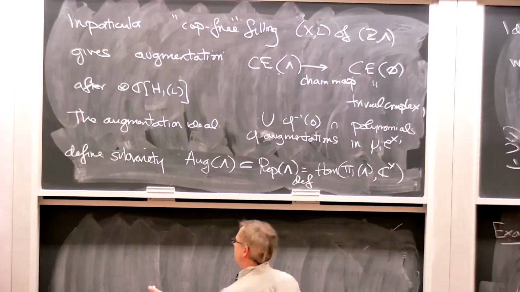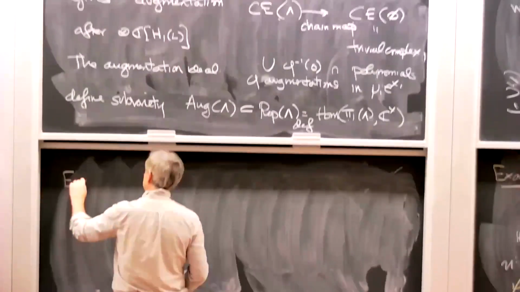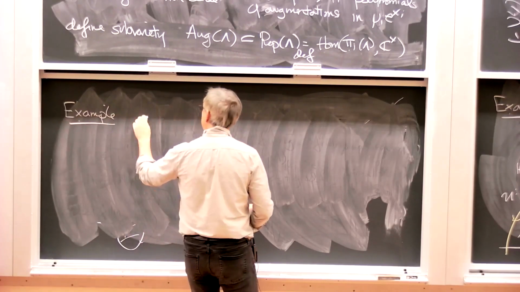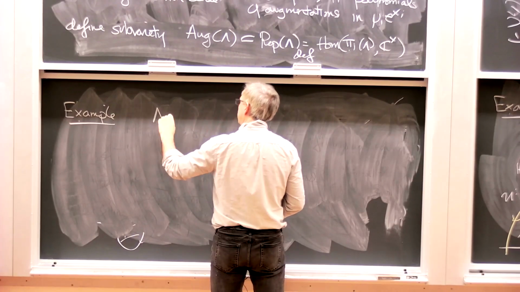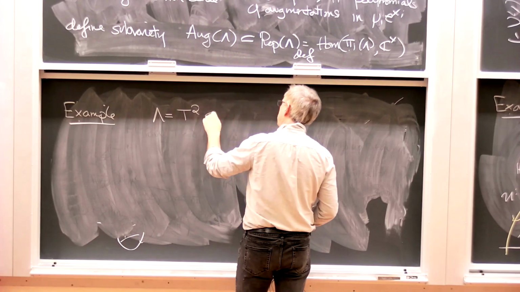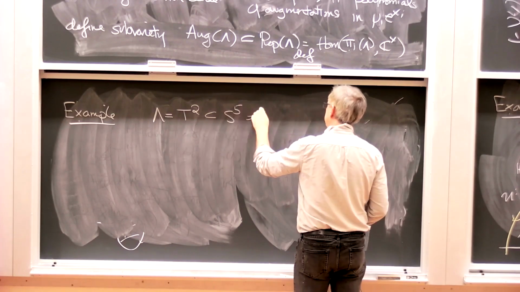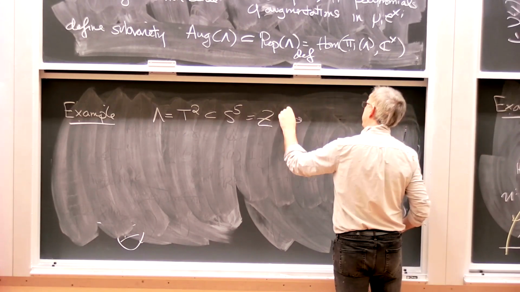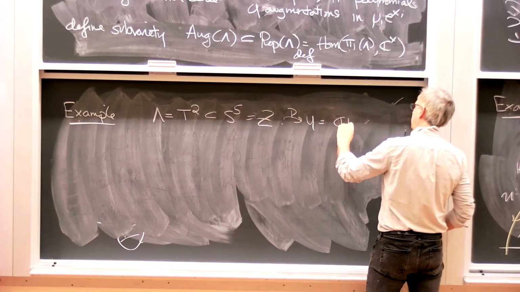And so the example would be, again, if lambda is T2 sitting inside S5, well, now this projects onto CP2.